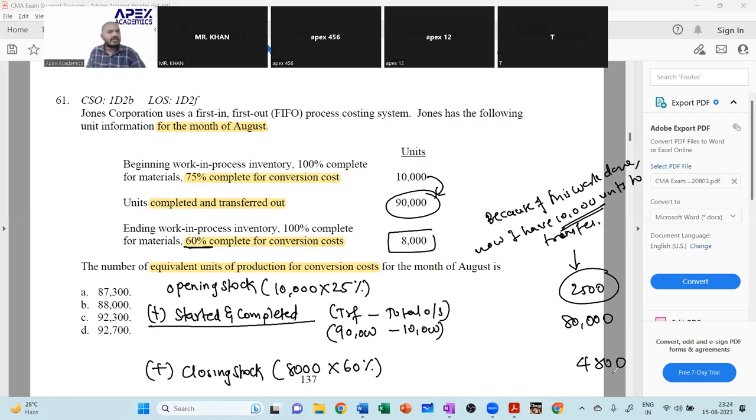The hard work, the effort and the materials that it requires is as good as saying that it is 60% of the hard work, the materials, the labor and everything on 8,000 units.